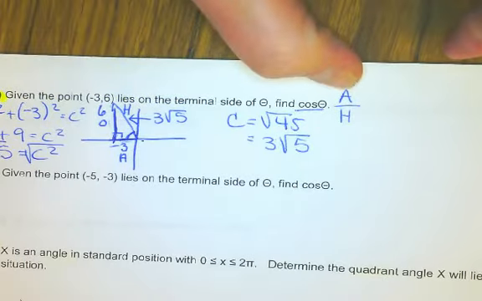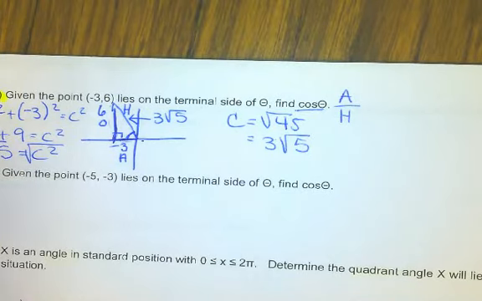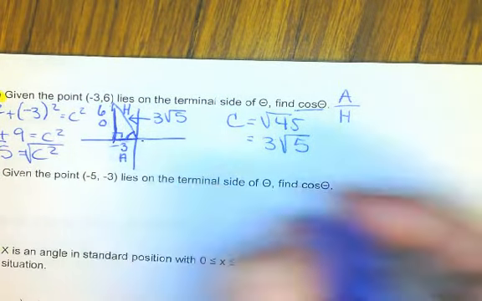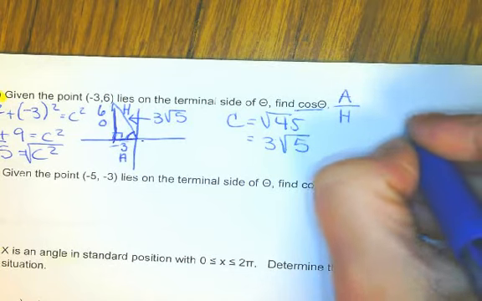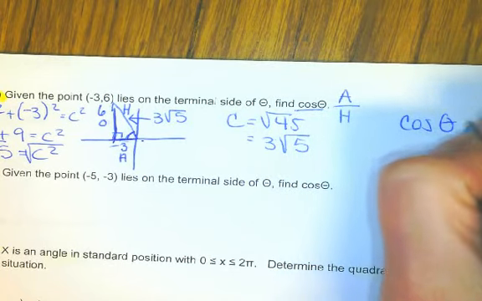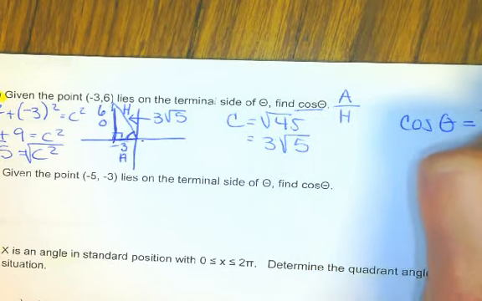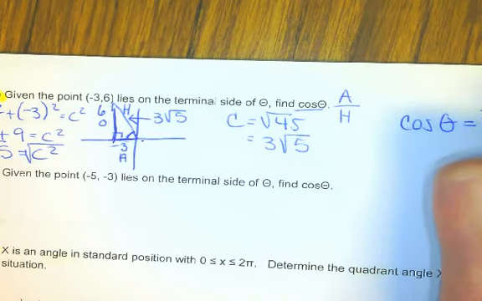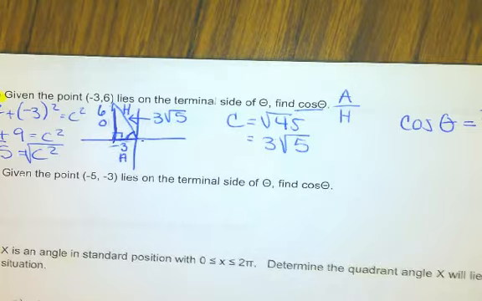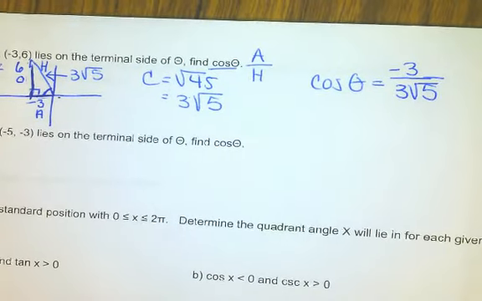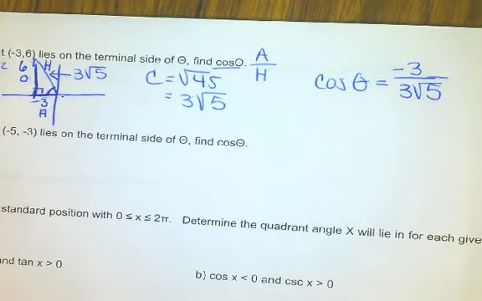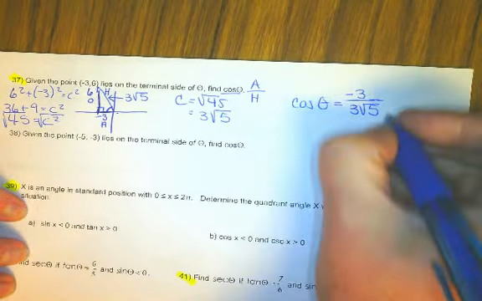Now, in order to do this, I need to have the a and the h. Well, my a is -3, so cosine theta equals -3, because that's my adjacent, over my hypotenuse, which is 3 times the square root of 5. So now you'll notice I have the radical in the bottom, so let me rationalize it.